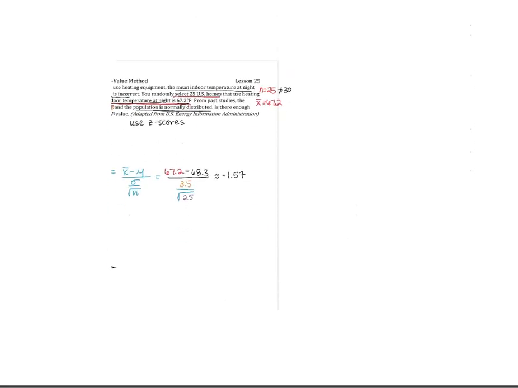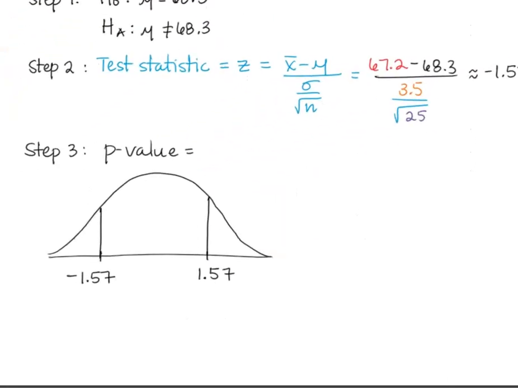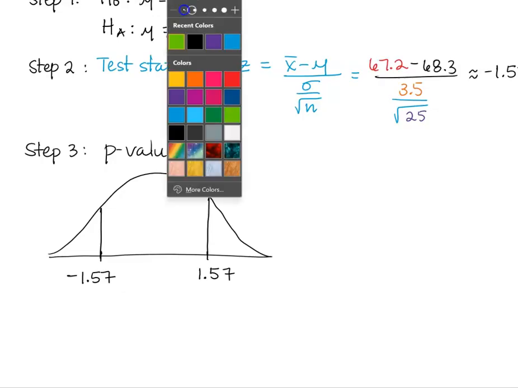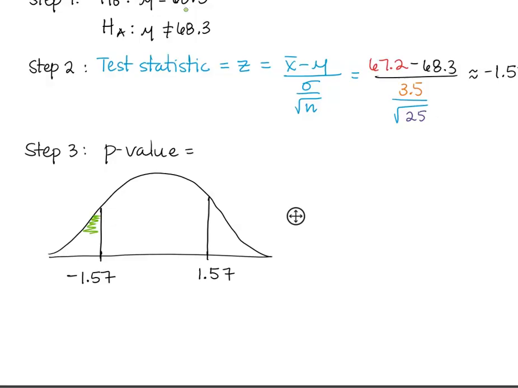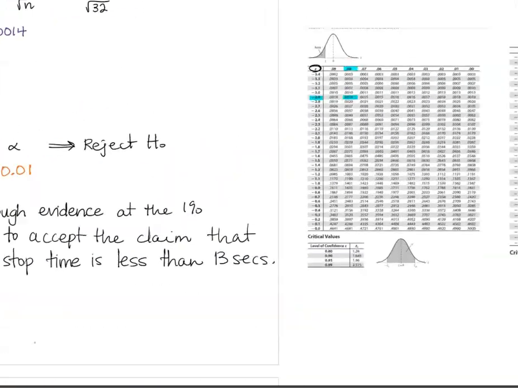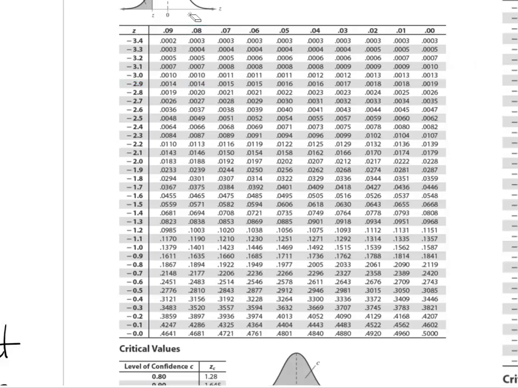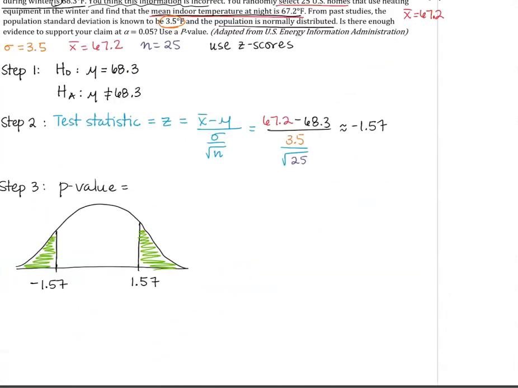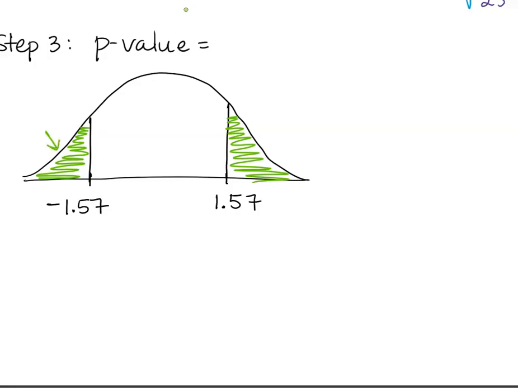So that means that in this picture, our p-value area is the total area that is shaded to the left of this negative test statistic and to the right of this positive test statistic. And remember that this picture does have symmetry. So when I go over to my statistics table and I look up the left area for negative 1.57, I get 0.0582, that's just for what's over here.